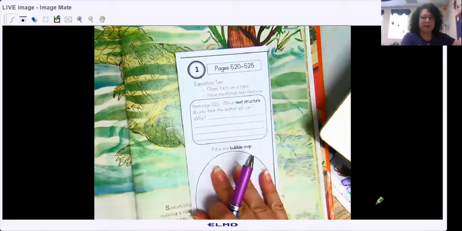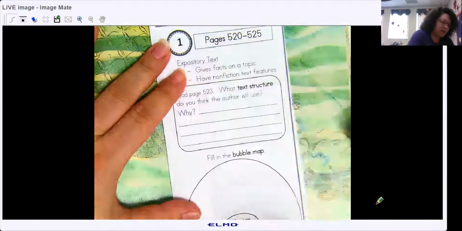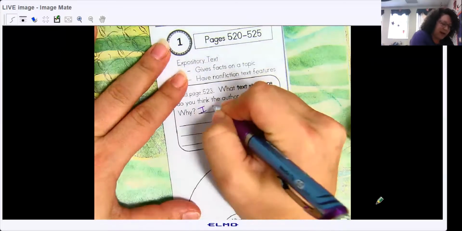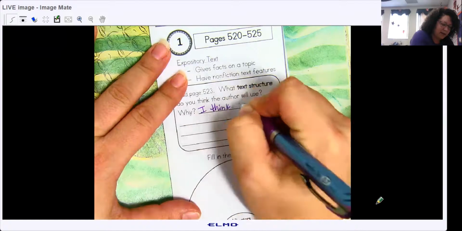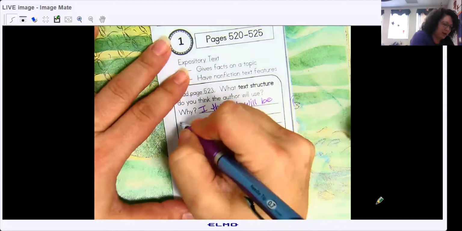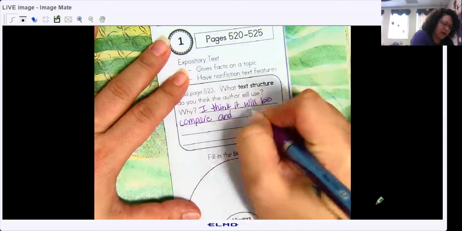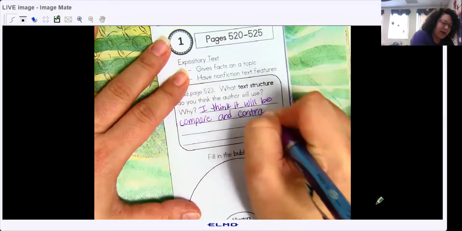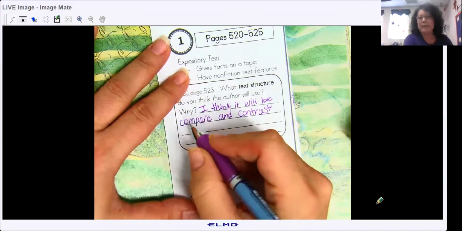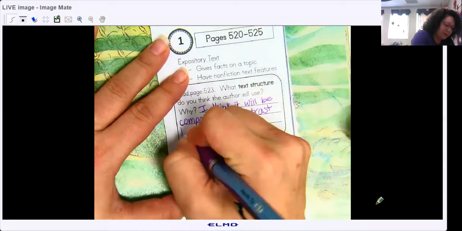So, zoom in so you can see. I think it will be compare and contrast. And when you see that word why, it means to write the word because, to give your text evidence.